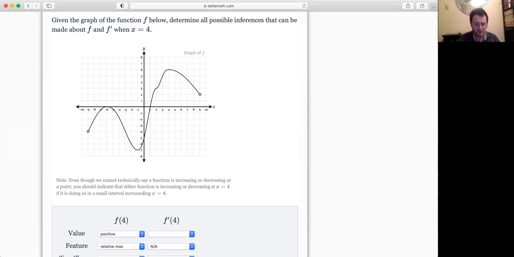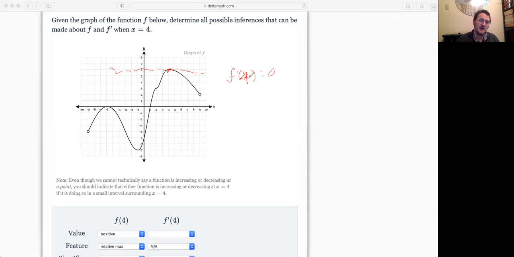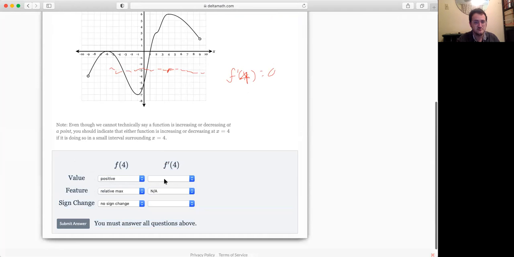So it turns out that our slope is 0. Actually, it's f prime of 4. And then for sign change, well, we're going from increasing to decreasing. So that's code word for positive to negative.